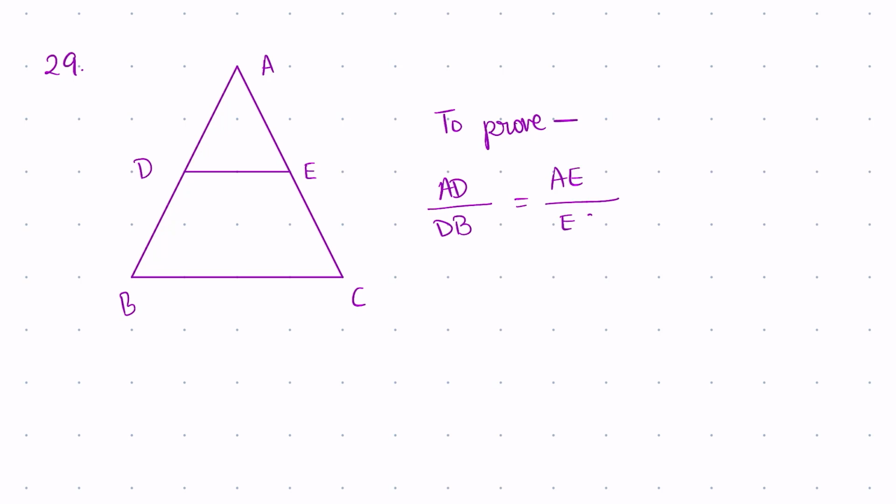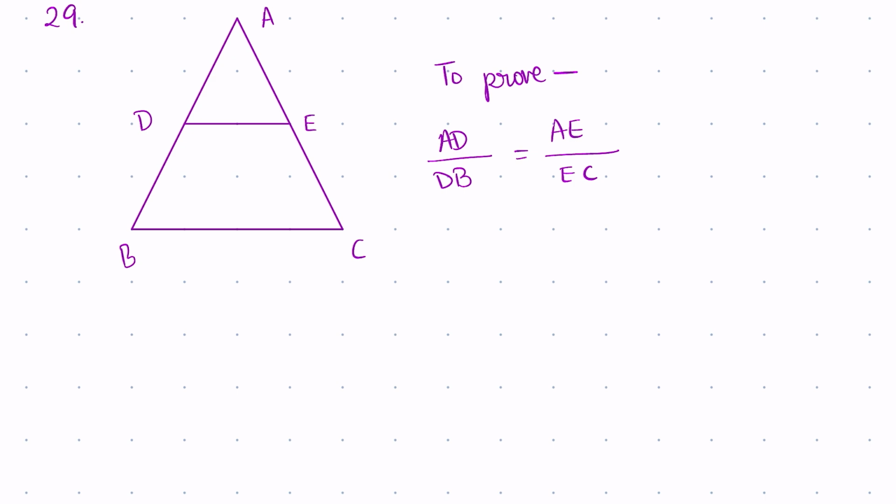So we name the triangle, let's say A, B, C. There is some D and E. So to prove, in simpler terms, I need to prove AD divided by DB is equal to AE divided by EC. That's what I need to prove. How might one approach this?